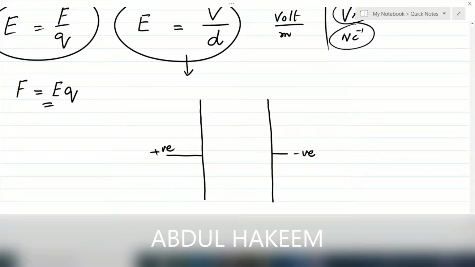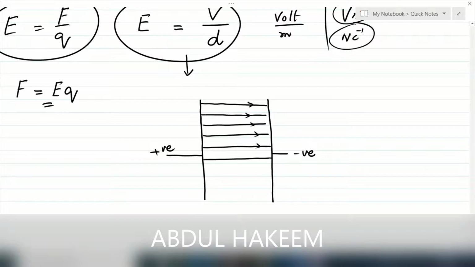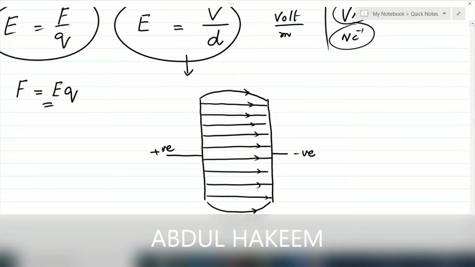So the majority of the electric field is uniform. So the lines are straight and parallel. So these field lines. And at the edge, there will be a non-uniform field pattern. But we usually, in calculation, we ignore it.